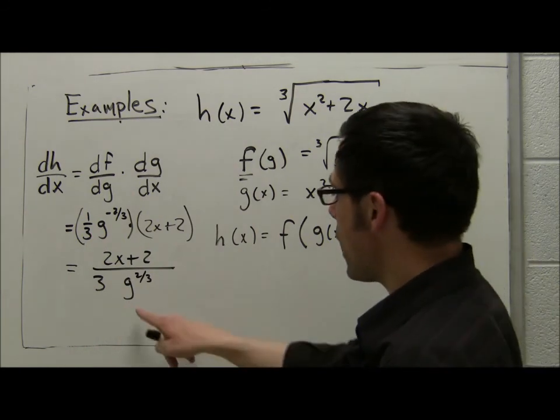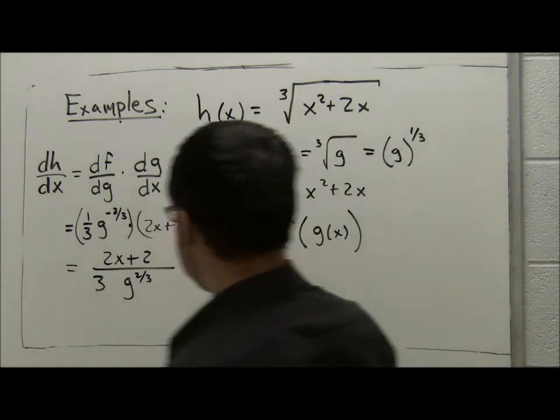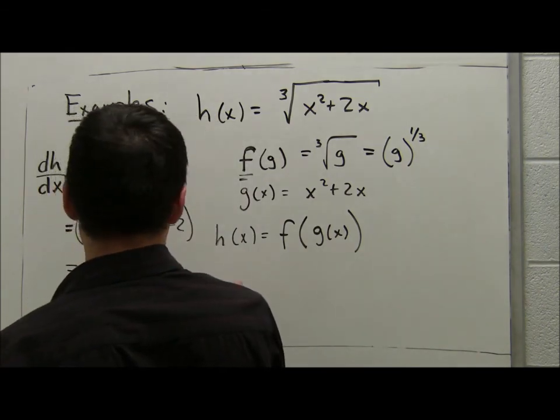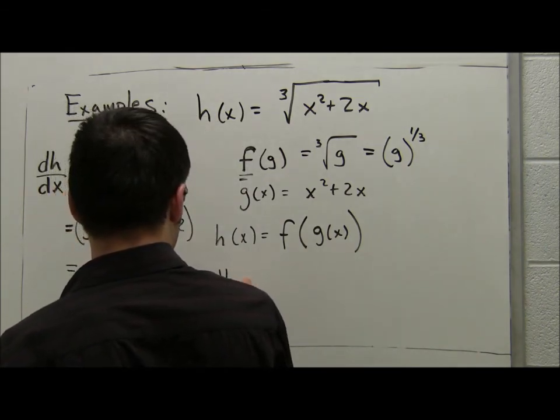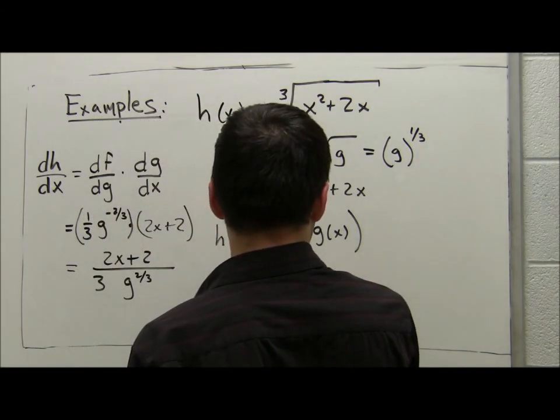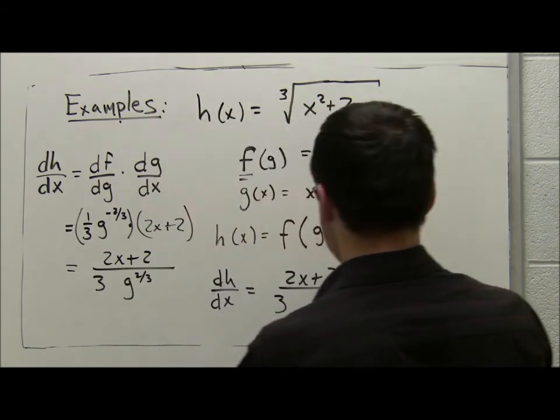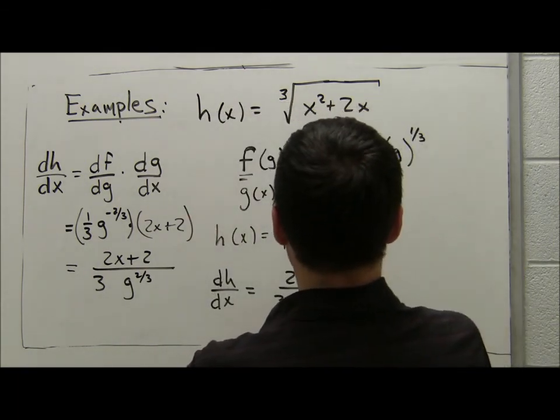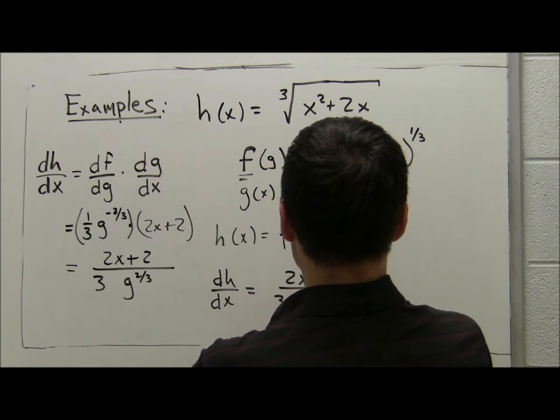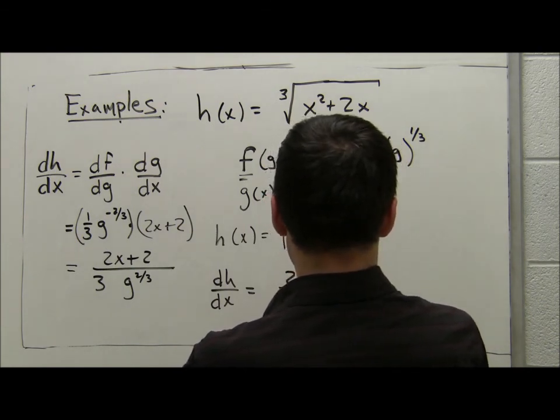So I'm going to rewrite g in terms of x because it's a function of x. And so when all the smoke clears, what happens is my dh/dx is just going to be equal to 2x plus 2 over 3 times g, which is x squared plus 2x, raised to the 2/3 power.